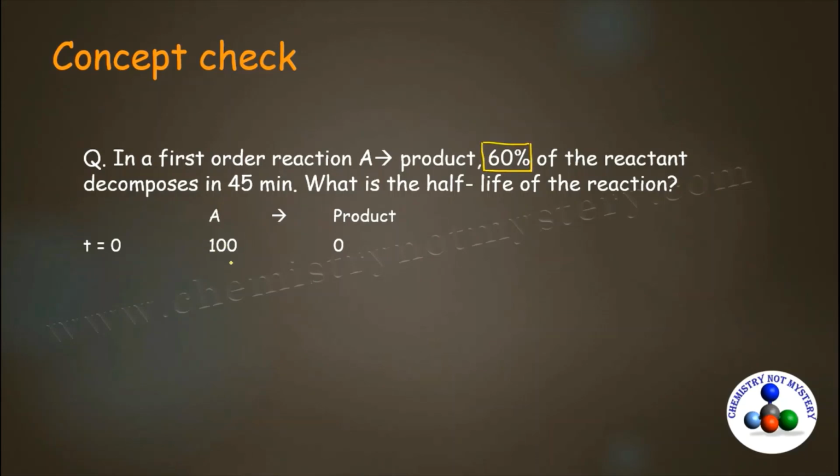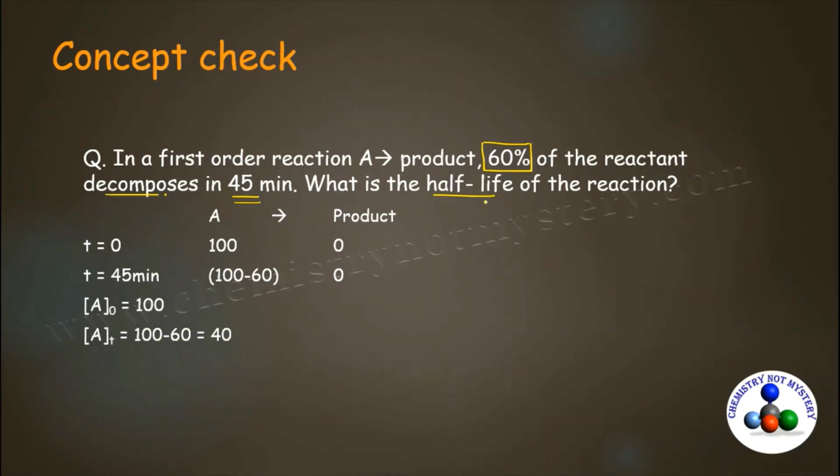So initially it can be taken as 100. After 45 minutes, that means t is equal to 45, 60% of reactant decomposes. That means how much reactant is remained? 100 minus 60 will be remained at the time 45 minutes.